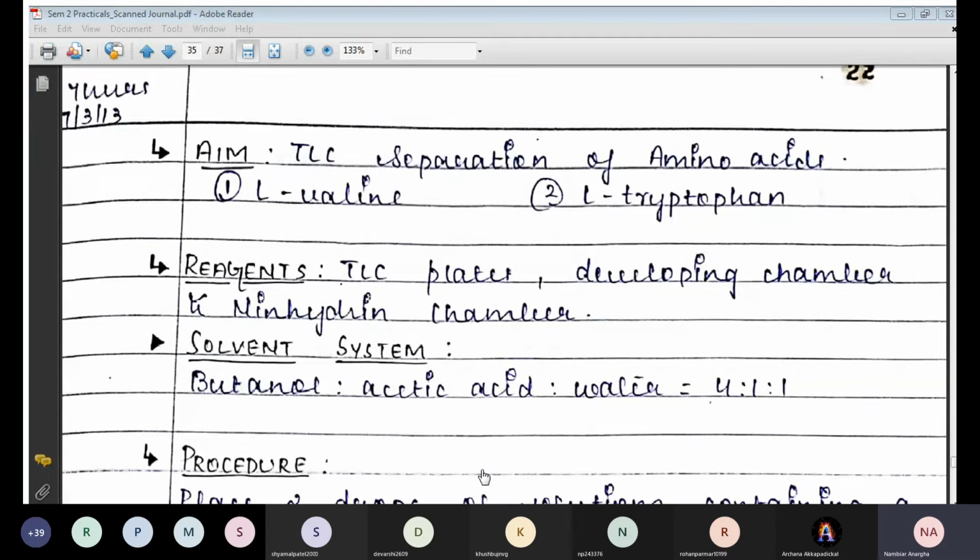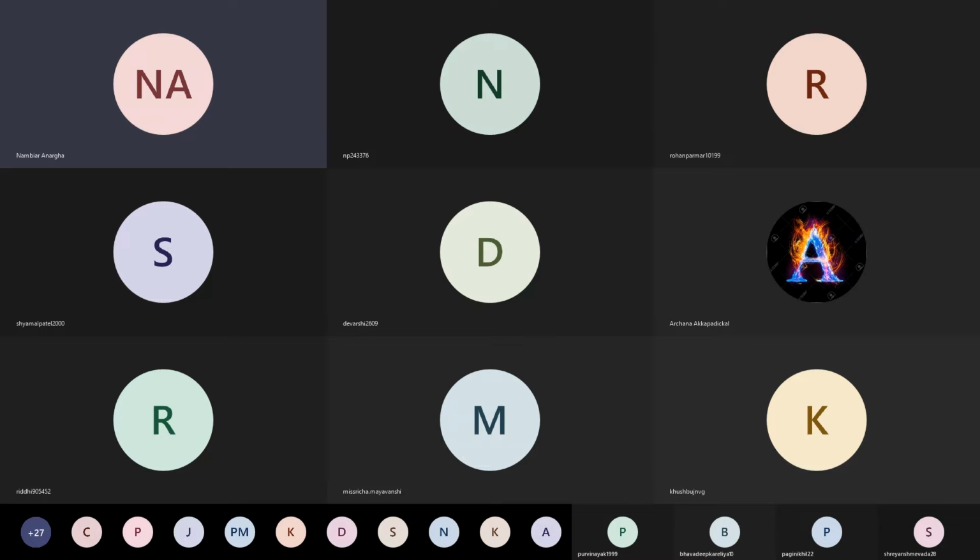So both of these are amino acids. All the procedure is the same as that discussed earlier in the dissection. Everything is the same. Archana, I guess the screen went off. I cannot see the screen.